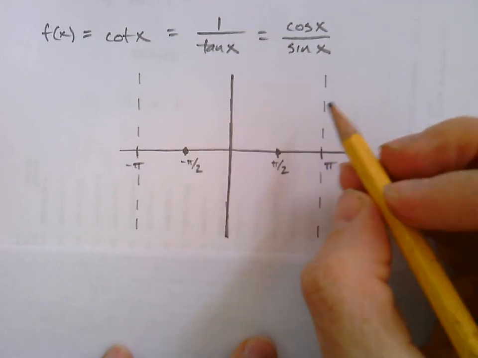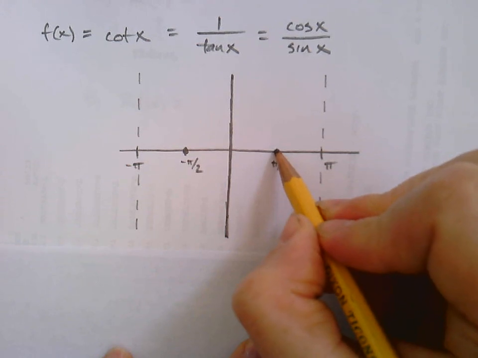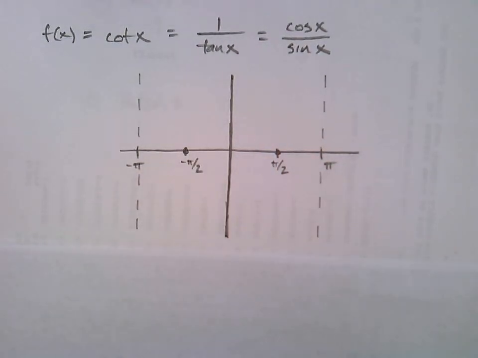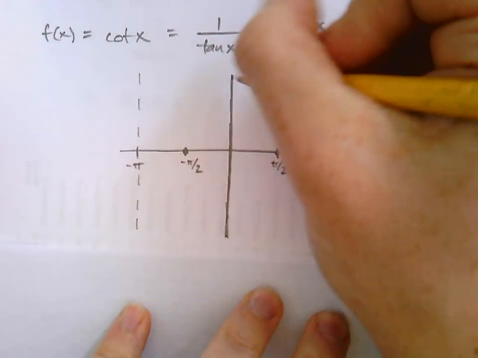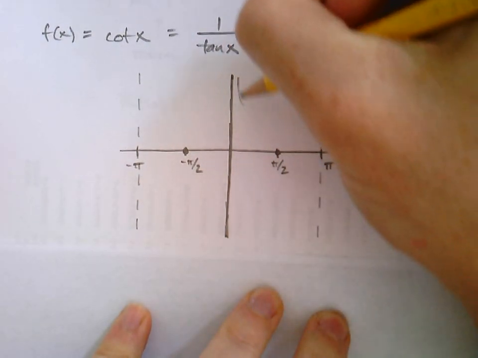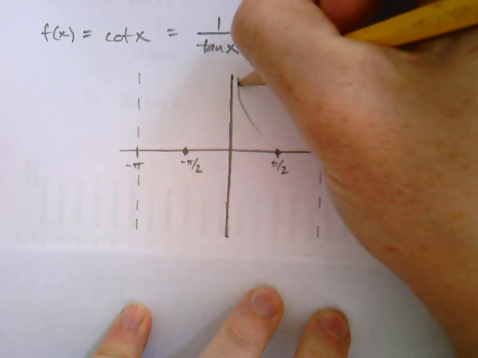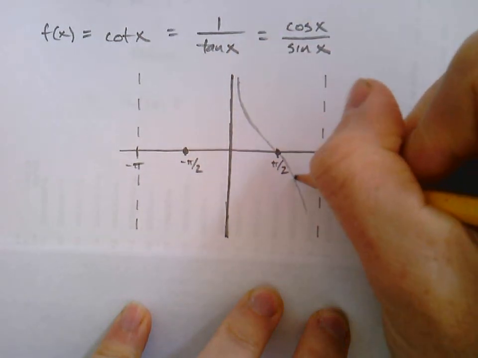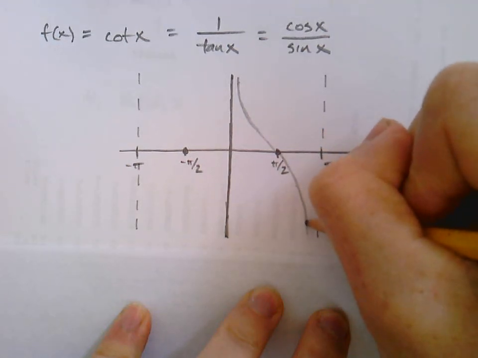So this one, it's going to go through pi over 2 and negative pi over 2, so it's been shifted, and it actually begins up here and then comes down and does this. So it slopes downwards.